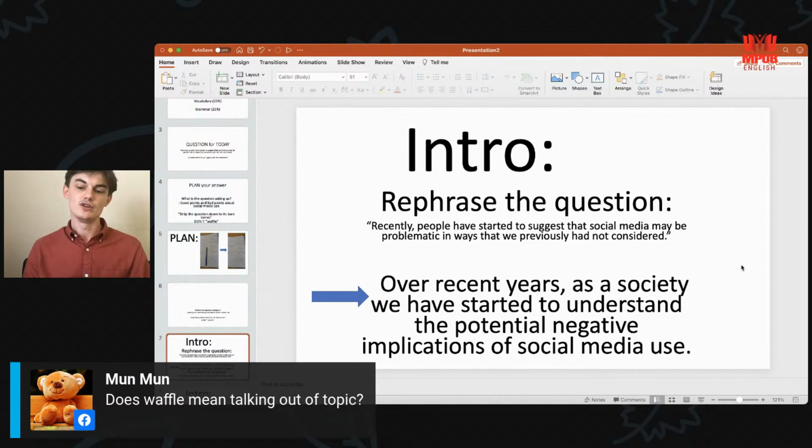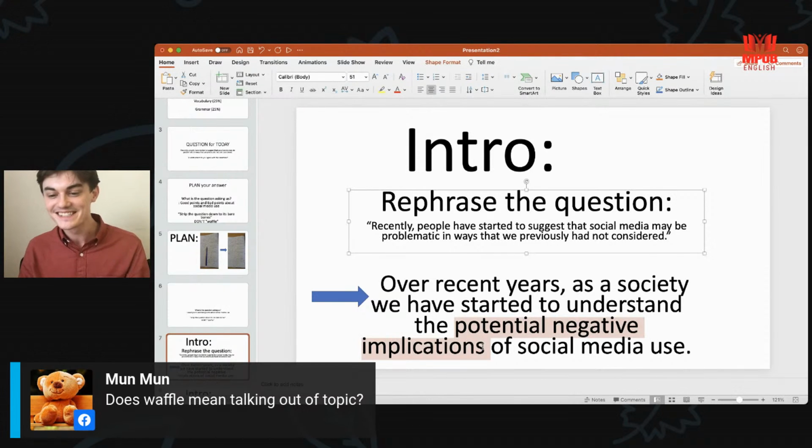And I've used some good vocabulary here, some quite large words, and I've really just explained the question out, but probably in a better way than the question has, because I've used some more high level vocabulary, higher band vocabulary.